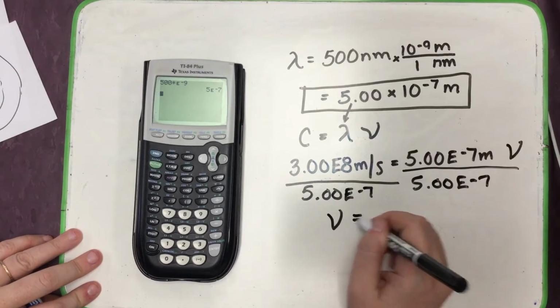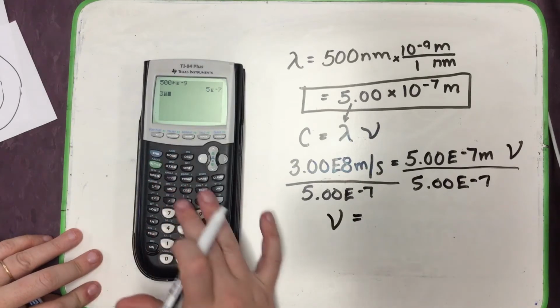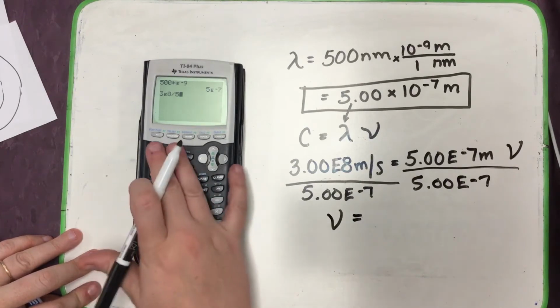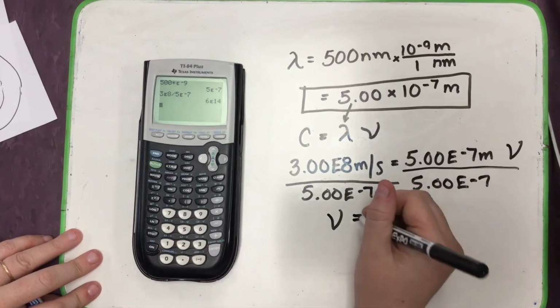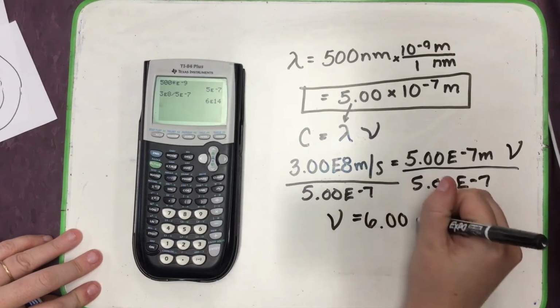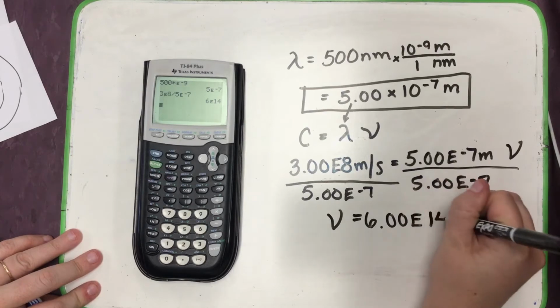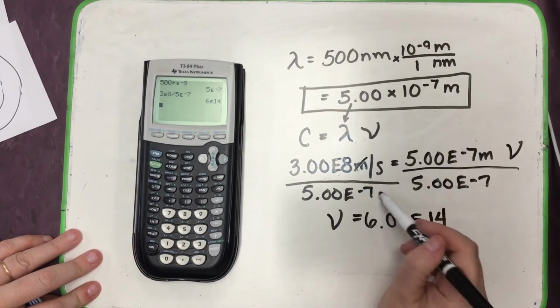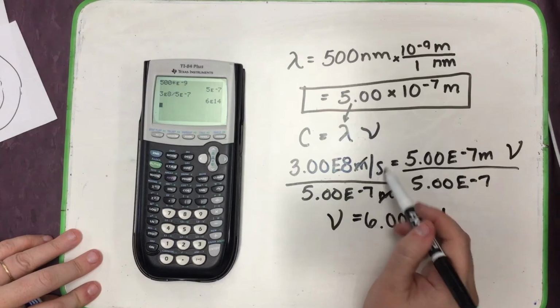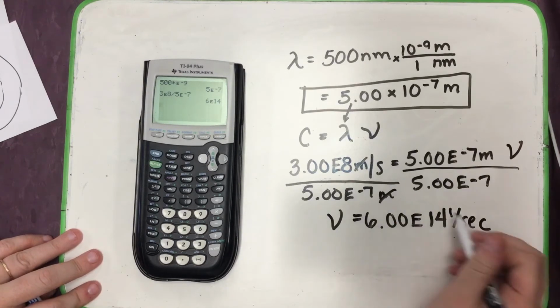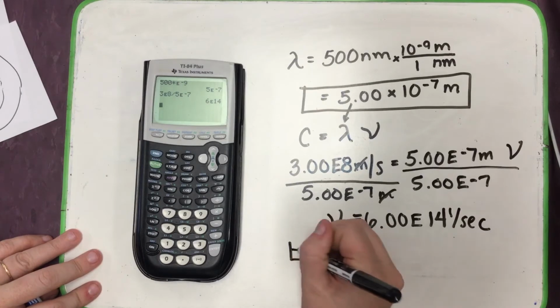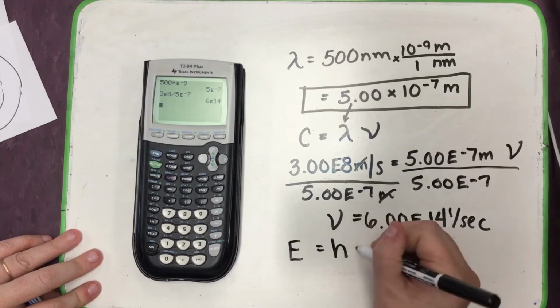So our frequency is now 3 times 10 to the 8th divided by 5 times 10 to the negative 7th. And you can either say that that is measured in hertz or 1/seconds. Either way is fine.